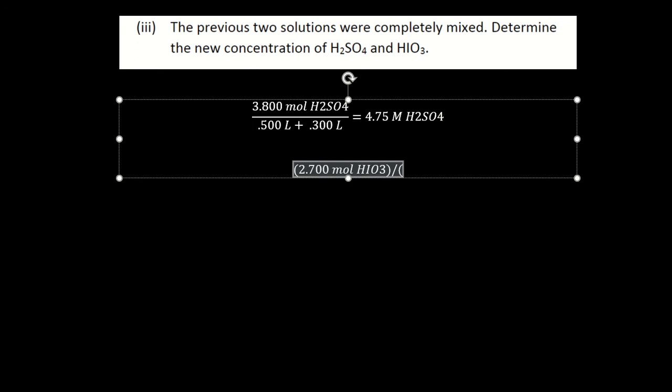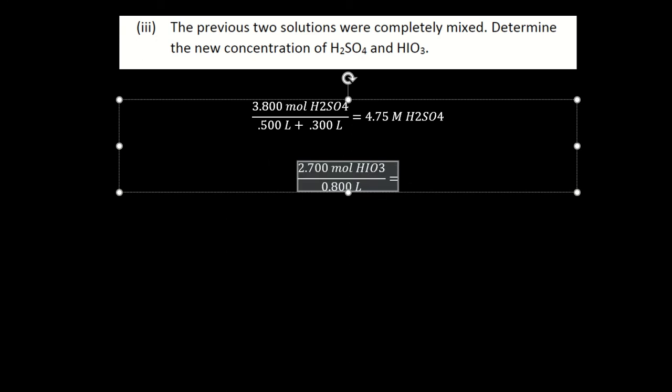We're going to divide it not by its original volume of 0.3 liters, but by the combined volume of 0.8 liters, which is essentially 0.5 liters from the sulfuric acid solution plus 0.3 liters of water from the iodic acid solution. And that will come out to equal 3.375 molar of HIO3.